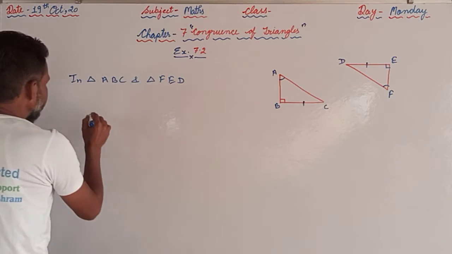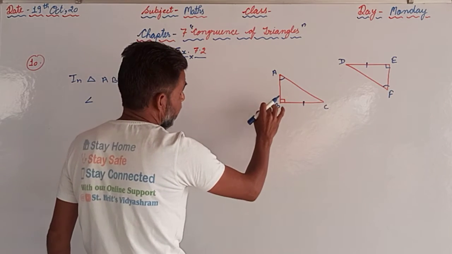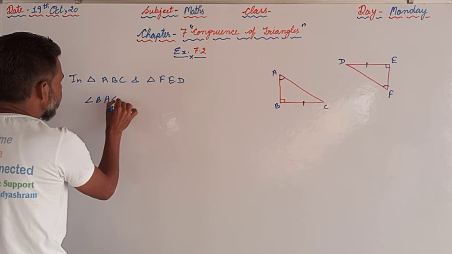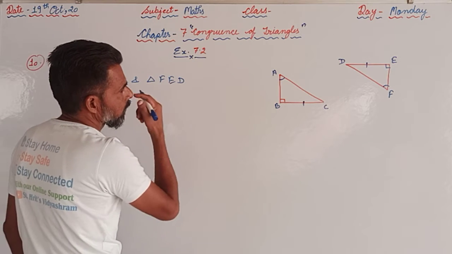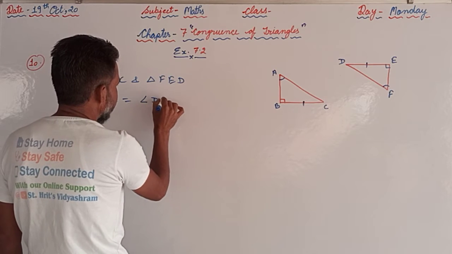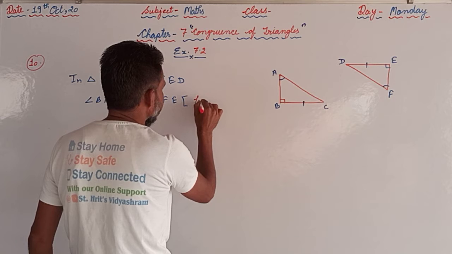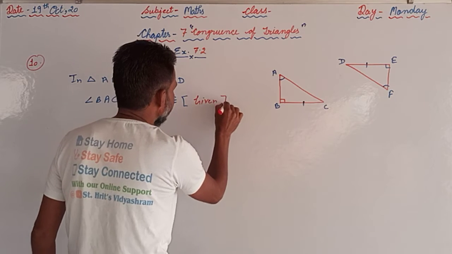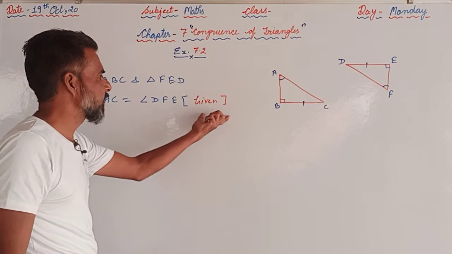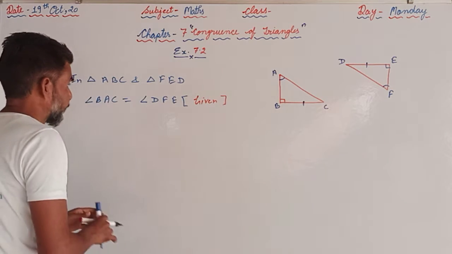Here angle A, we can write angle BAC, is equal to angle DFE. Why? Because that is given. As I told you previously, whatever statement we write, we are supposed to apply the proper reason in front of that statement. That is the rule.